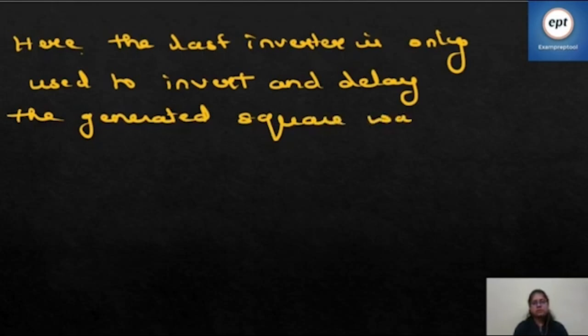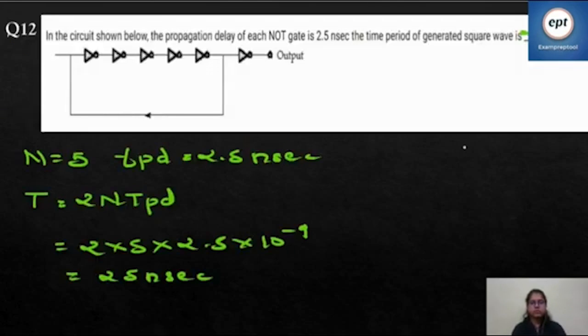In the formula we should always consider the NOT gates which are in the square wave. I hope you got the explanation. Let's move on to the next question.